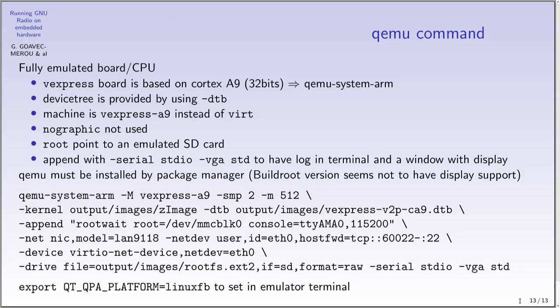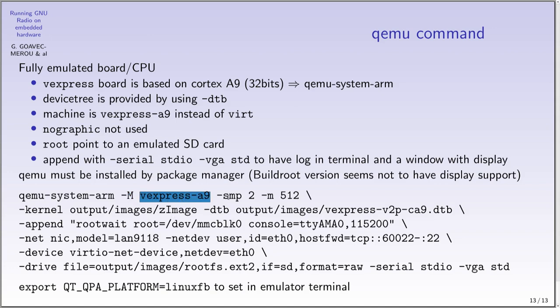So now the QEMU command. Some modification must be done in the command line because the VExpress board is based on 32 bits instead of 64. So we need to use qemu-system-arm. The virtual machine virt for this option is replaced by this one.